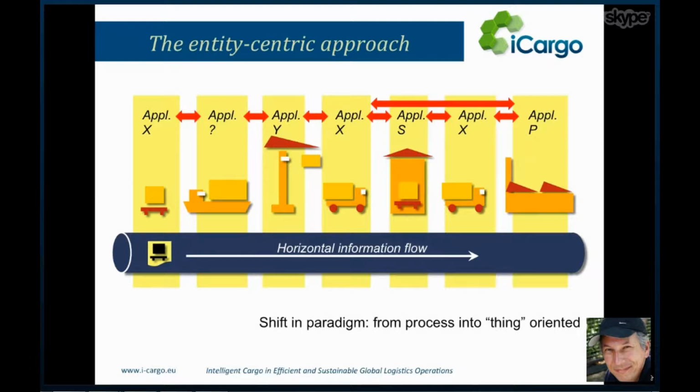The information is collected in an electronic document, and we call this a digital shadow, because like a real shadow in real life follows the subject, this digital shadow also follows the goods or the container or the truck along the chain.